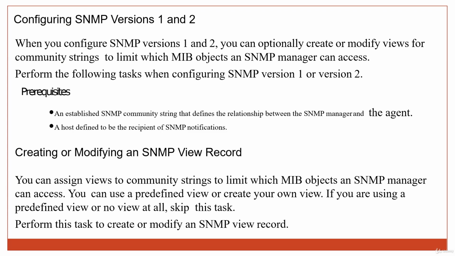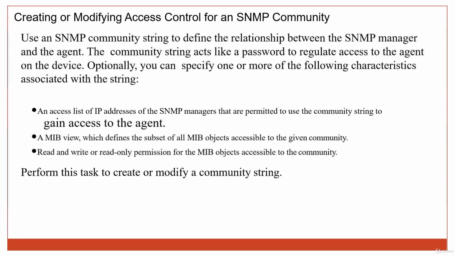How can we go and configure? The prerequisite is that we should follow at least these three things: who is the manager, and we can put those managers in an ACL, and what type of roles they have, like read only, read write, etc. Then if we want to cut down the SNMP MIB view, just to protect from getting too much information.